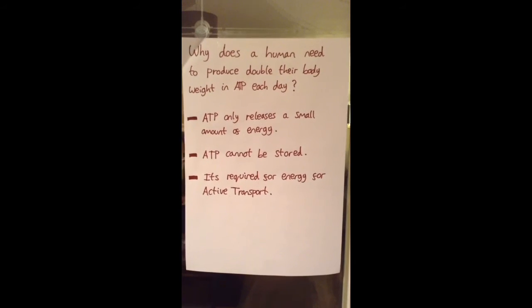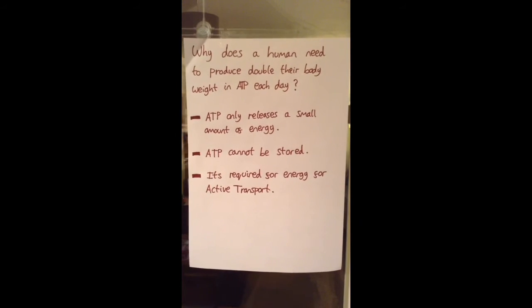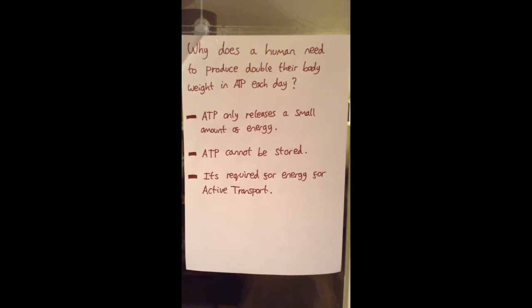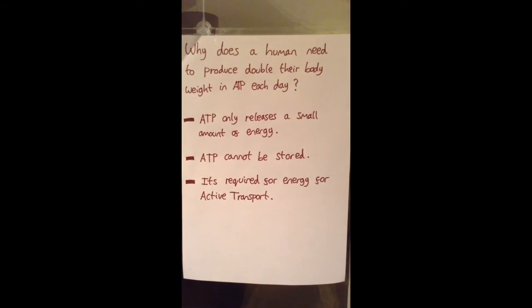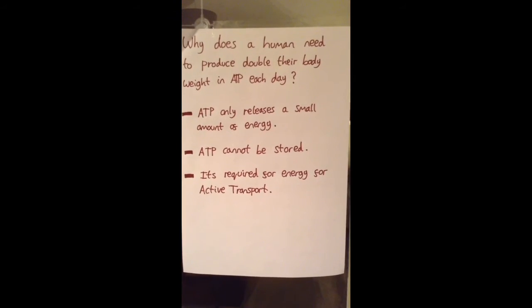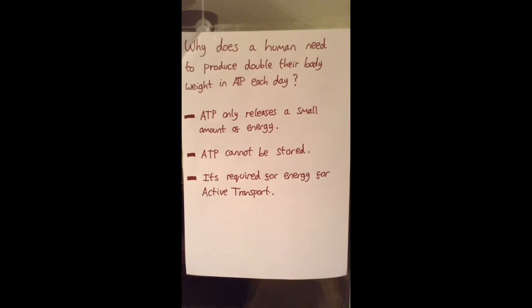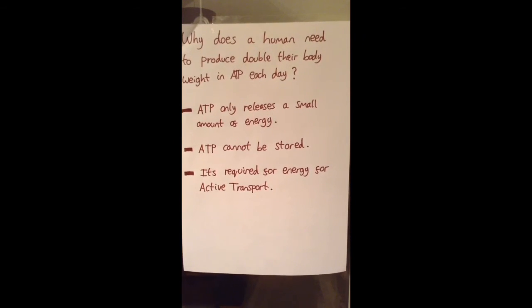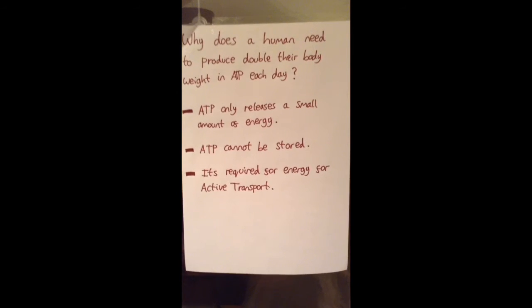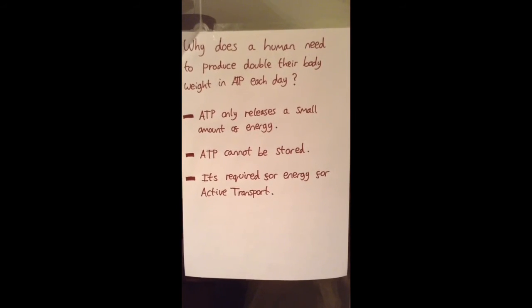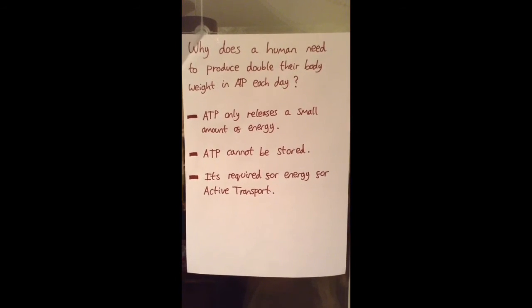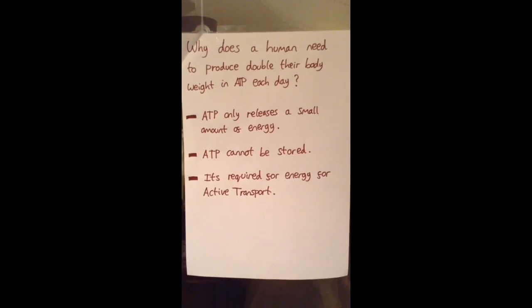And this is because ATP will only release a very small amount of energy, which you already knew from the previous question. So it only releases a very small amount of energy, so you do need a lot of ATP to produce enough energy. Also, ATP cannot be stored. That's very important. Your teachers will probably go on and on about that.